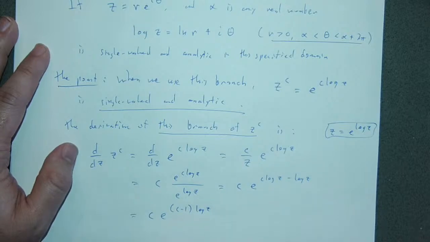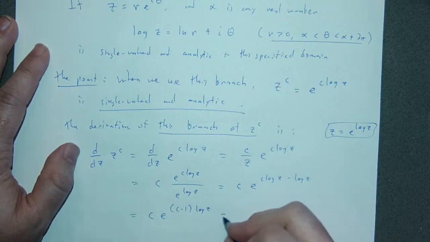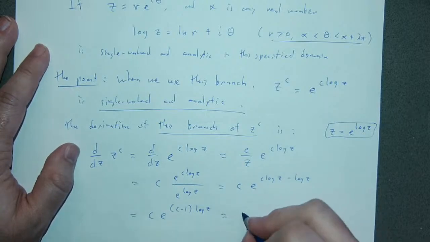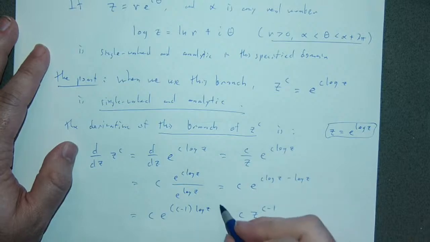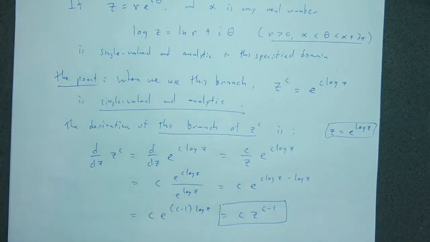What is this? Right. So by definition, though, e to the c minus 1 log z is z to the c minus 1. So this is c z to the c minus 1. Oh.